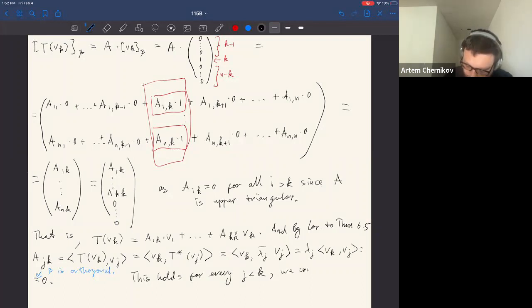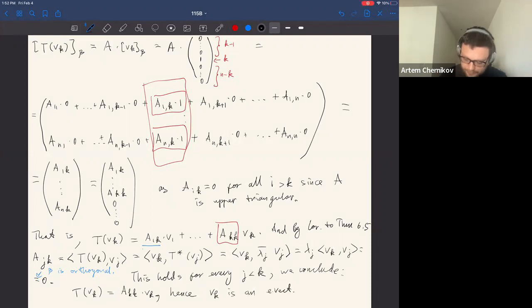Because then we can conclude that T of Vk is equal to akk times Vk, because all the previous coordinates here are all 0, except for this last one. Okay, so we get this, but this means that this is an eigenvector. So hence, Vk is an eigenvector of T. Okay, so this concludes the inductive step.